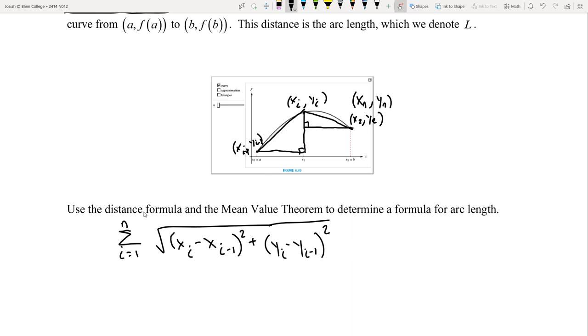And so what we're going to do then is say, what if we have an infinite number of these partitions? Right, and this is how we make that jump from our summation to our integral. And this will give us then our arc length.